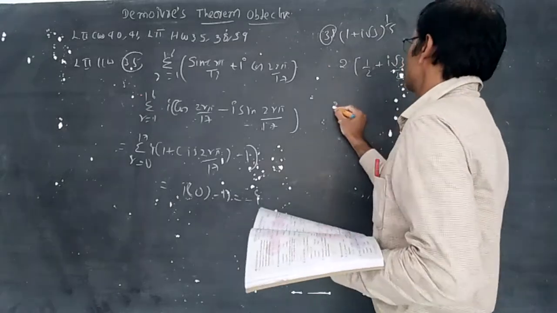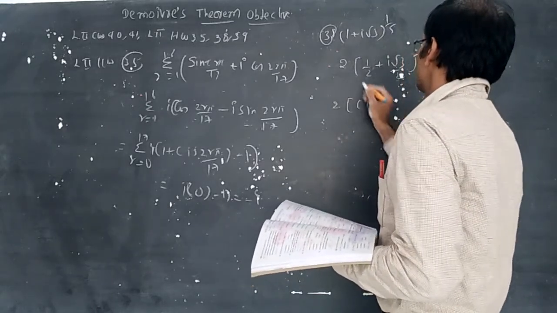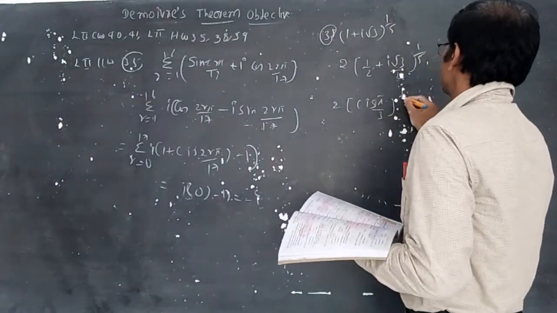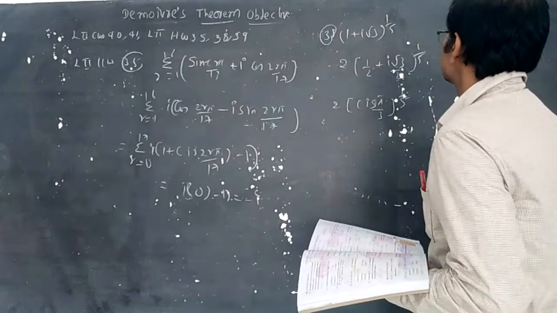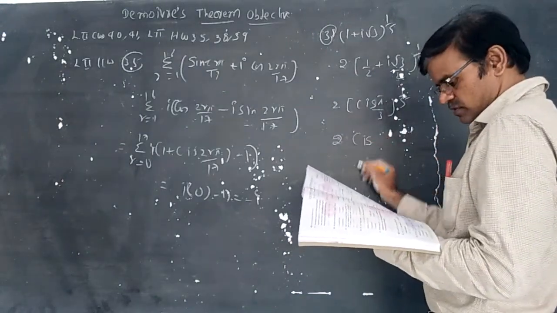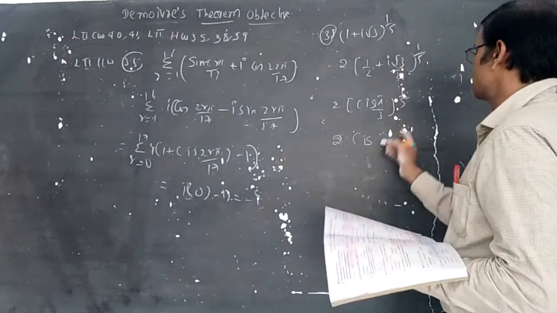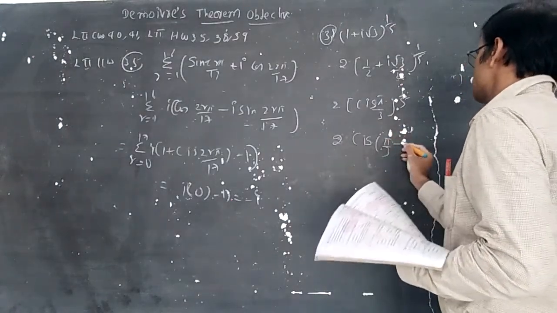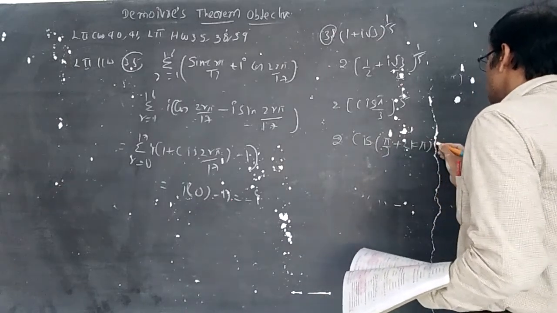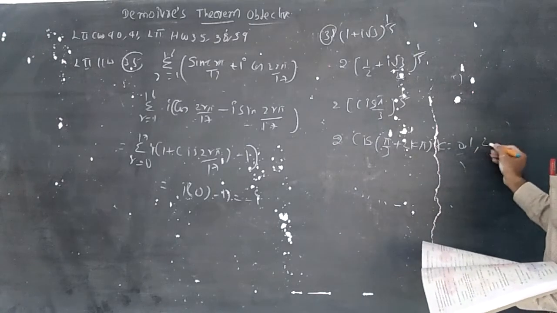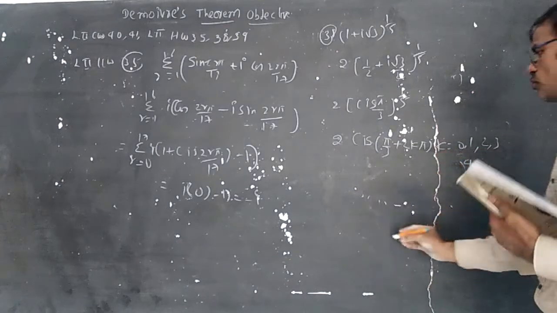So it is nothing but 2 into cis of π/3, whole power 1/5, cos 60 plus i sin 60. For the common difference of the arguments, you write π/3 plus 2kπ, where k equals 0, 1, 2, 3, 4.